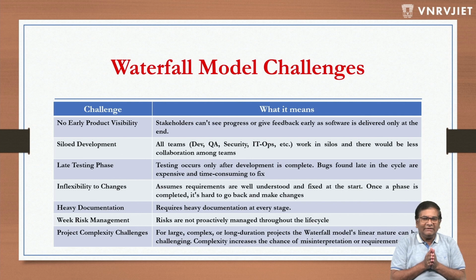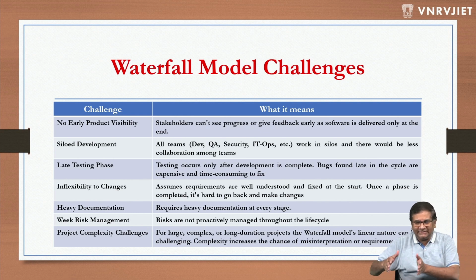The next problem is inflexibility to change. As this entire process is based on the contract and sign-off by the customer or business team, it is difficult to change once things have started moving in sequence.